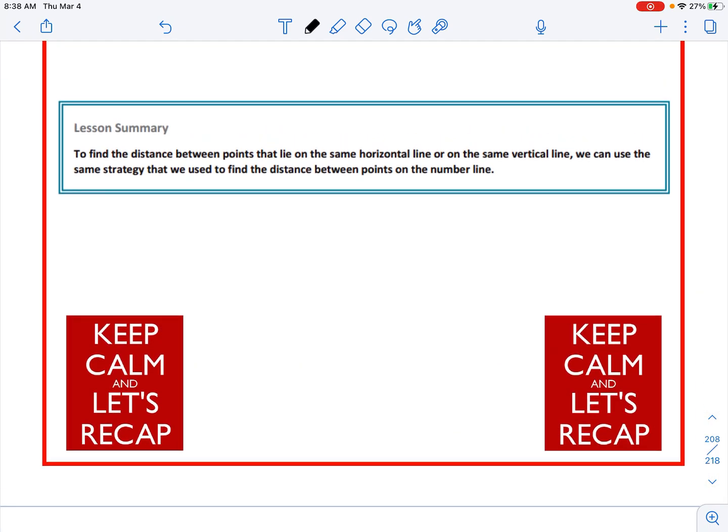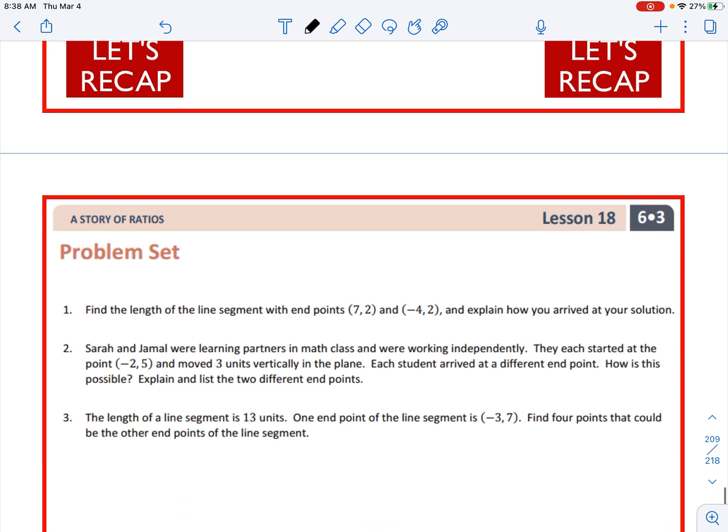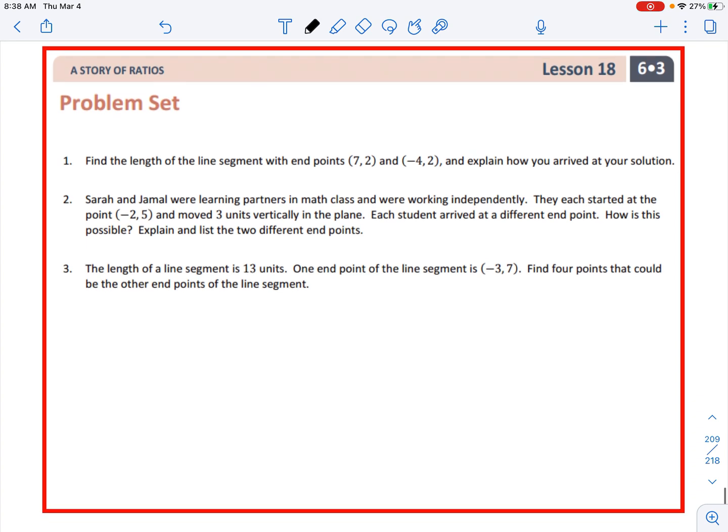The lesson summary says to find the distance between points that lie on the same horizontal line or the same vertical line, we can use the same strategy that we use to find the distance between points on the number line. So we have a problem set that looks like this. Number 1, all you're doing is finding the distance between those 2 points.